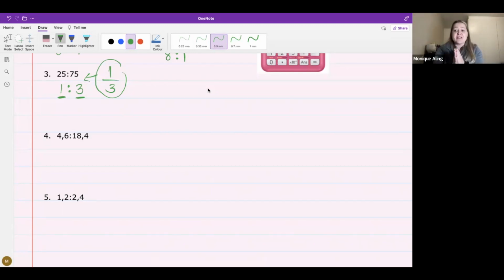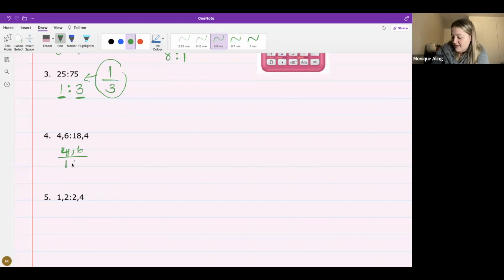This little shortcut is really great, especially if you get something like this. Not everyone can identify straight away what number goes into both of these to try simplify it. So this is why this little shortcut on the calculator is amazing. Put it in your calculator as a fraction.